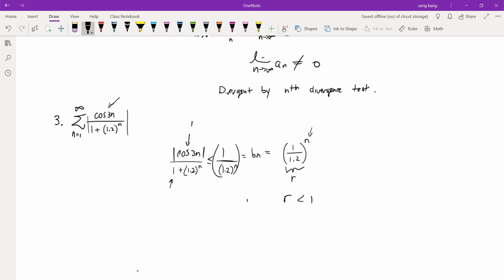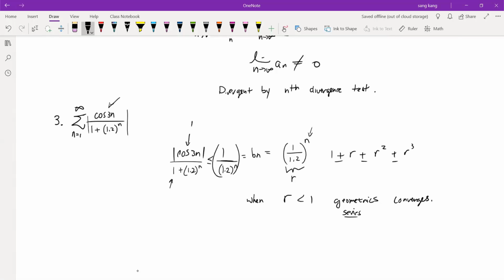So when r is less than 1, your geometric series converges, right? Sorry, when I was doing this, I meant 1 plus r plus r squared plus r cubed.